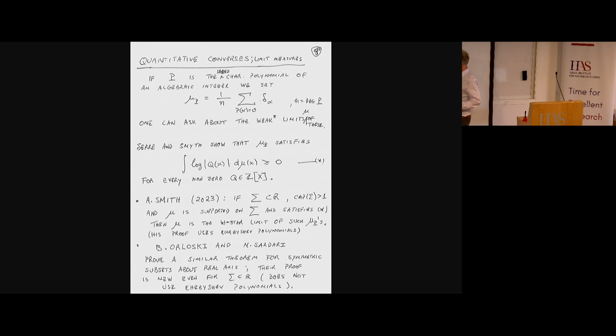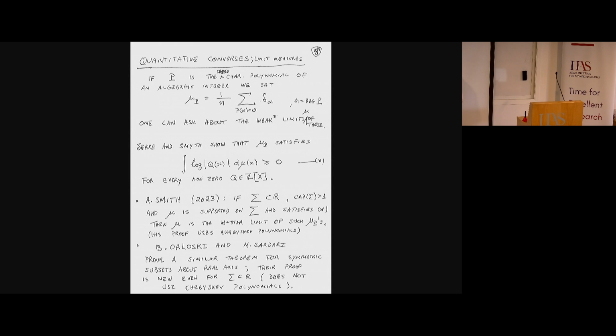And there's this amazing insight of Chris Smith, that if you have any integral polynomial q, and this is used to do some very nice things, this comes from a resultant computation, that the integral of log q against any weak limit of such measures must be non-negative.